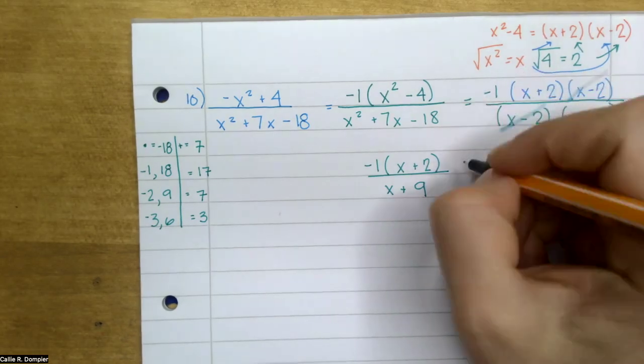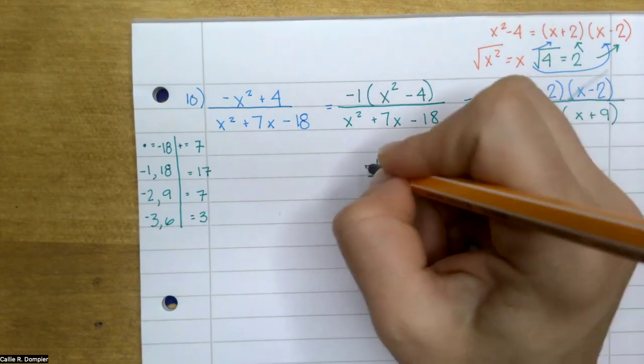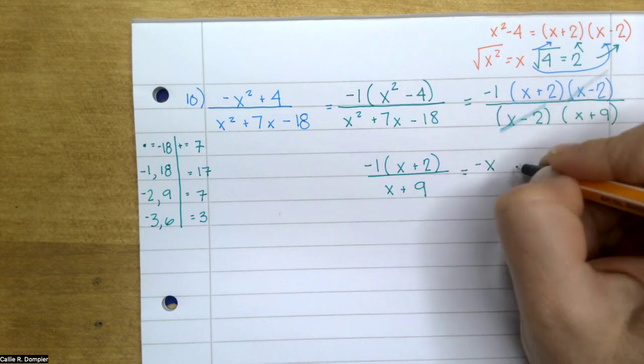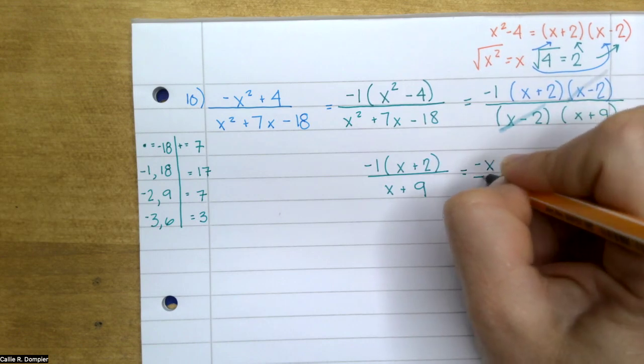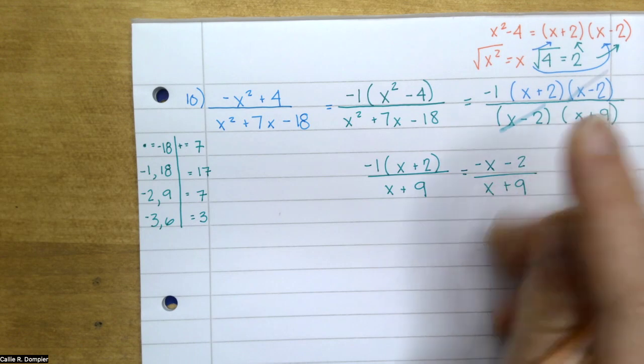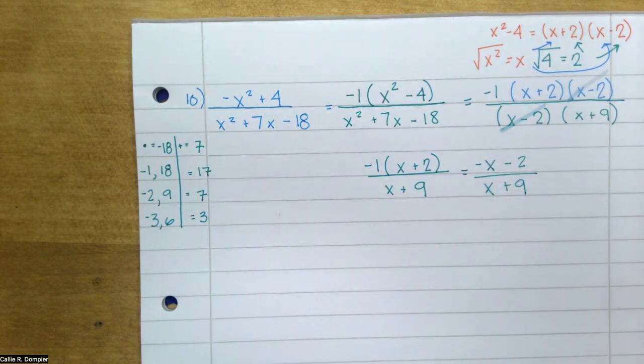You can either leave it like that, or you can distribute that -1 back and say it's -x minus 2 over x plus 9. Either one of these would be the simplified form of that rational expression.